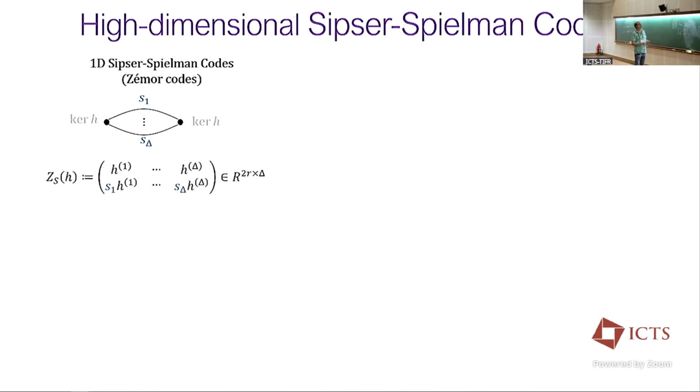This is because this graph can be described as a lift of this very simple bipartite graph with two vertices. So you just put these generators.